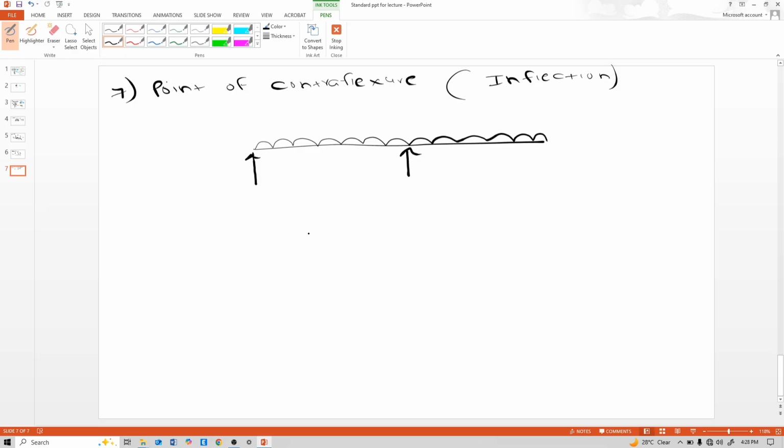So when I draw the bending moment of this beam, how does the bending moment come? See, here I have drawn the bending moment. Due to this uniformly distributed load, the bending moment shape is a parabolic curve like this.